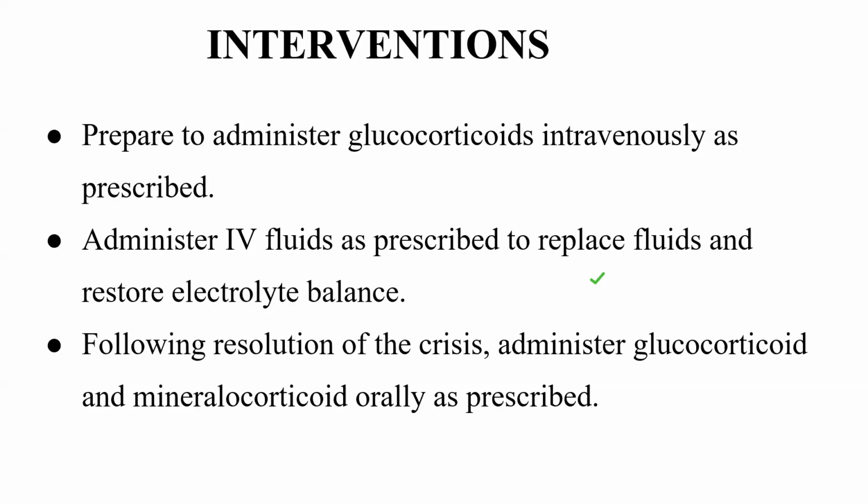You also want to follow resolution of the crisis, then administer glucocorticosteroid and mineralocorticoid orally as prescribed. So after the crisis has resolved, patients can go back to taking their oral prescribed glucocorticoid or mineralocorticoid.